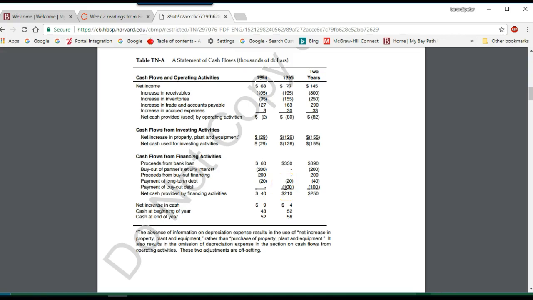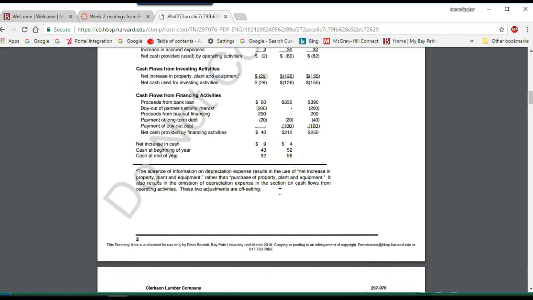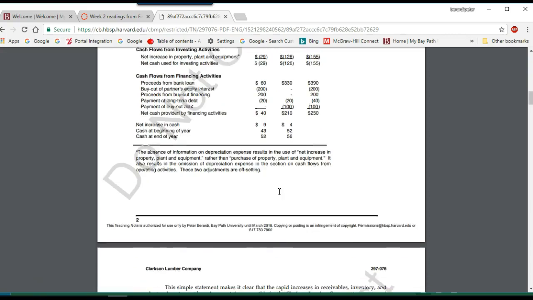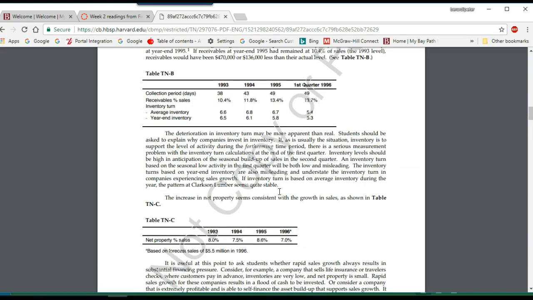So we're paying down the debt by 20,000 every year, and so take the percent of the interest on the balance. Net property as a percent of sales, you can estimate what your fixed assets, property and plant and equipment will be.